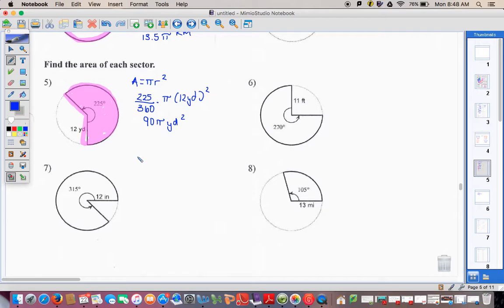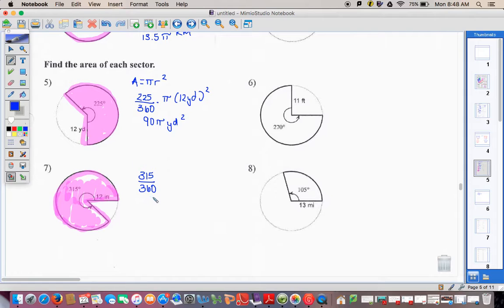Okay, what about question number 7? In 7, again, we are looking for this area right here, all of this. So we're not looking for the entire 360 degrees. We're looking for 315 degrees divided by 360, that portion of the area of this circle.